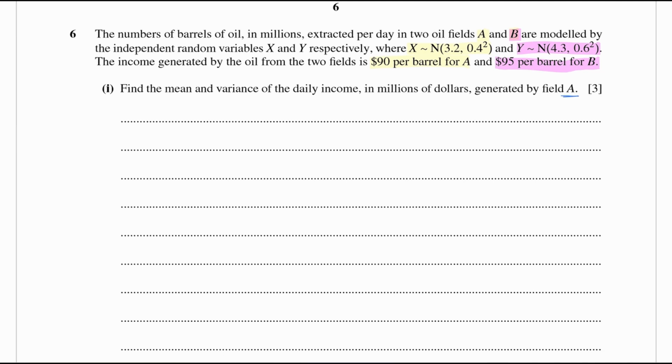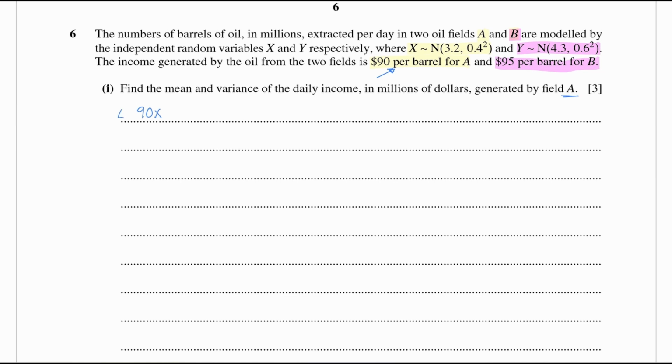Okay. So the daily income per barrel is like this. So what we're in effect trying to, we've got 90x, right? 90 times the number of barrels of oil sold.